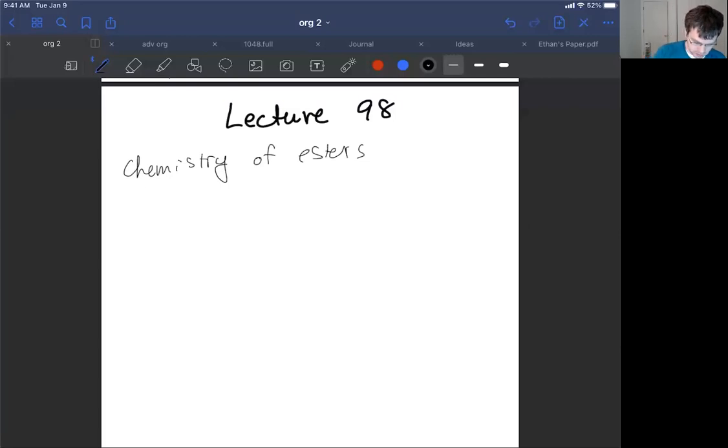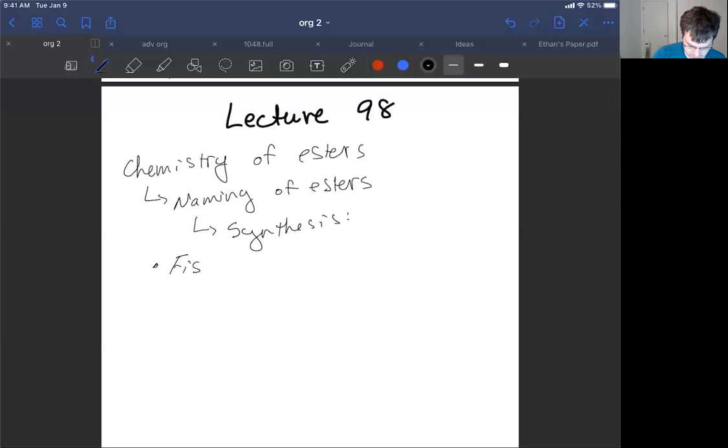I just want to make note that we've already done the naming of esters. So that is a functional group that I would expect us all to be comfortable with. We've also talked about some of the synthesis strategies. Namely, we did a full lecture on the Fischer esterification.